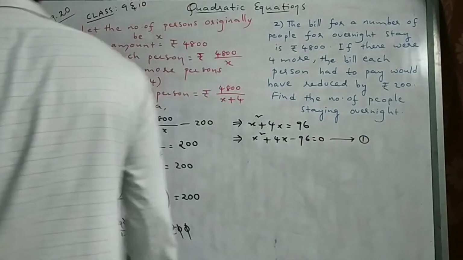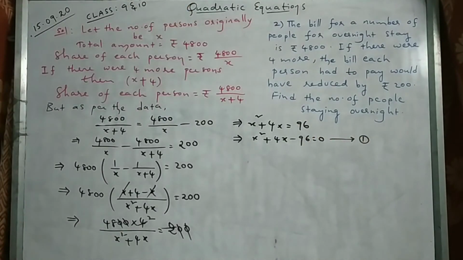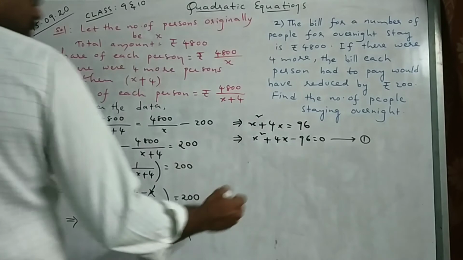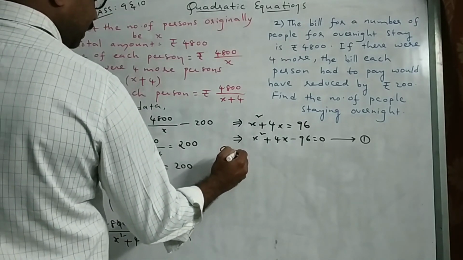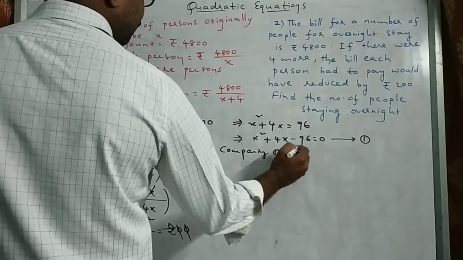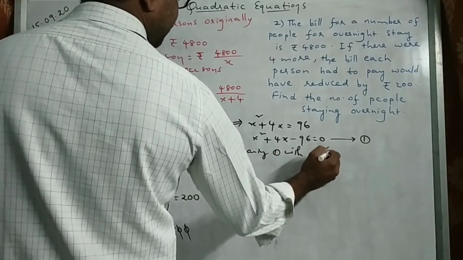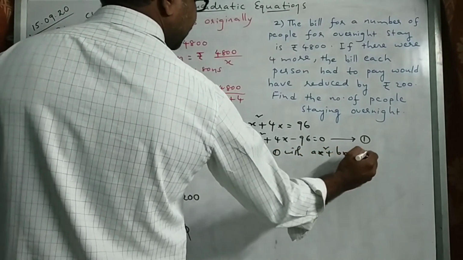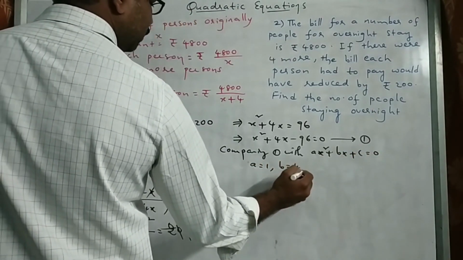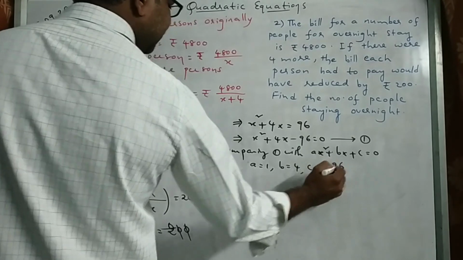This is the required quadratic equation, right? So I'll solve it. Comparing with ax square plus bx plus c equal to 0, the a value will be 1, b value 4, c value minus 96.